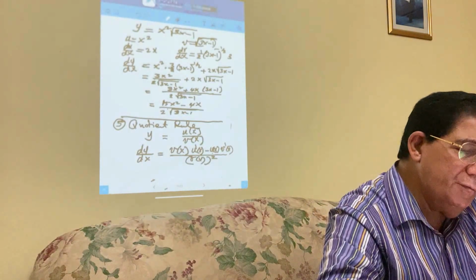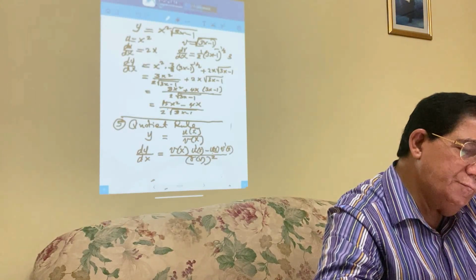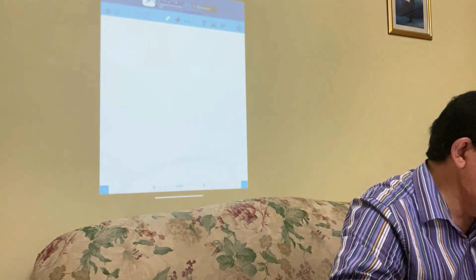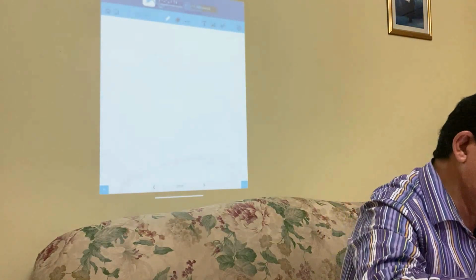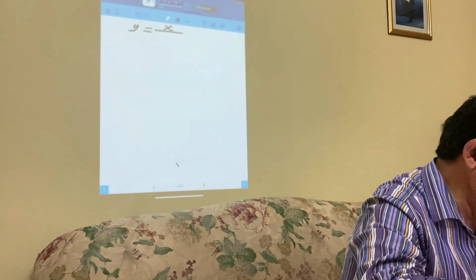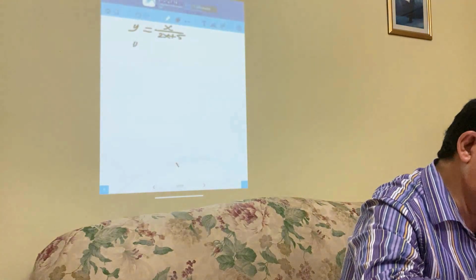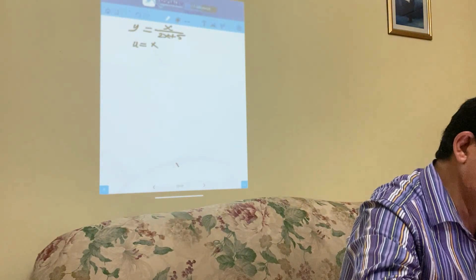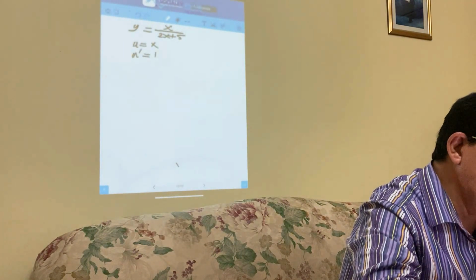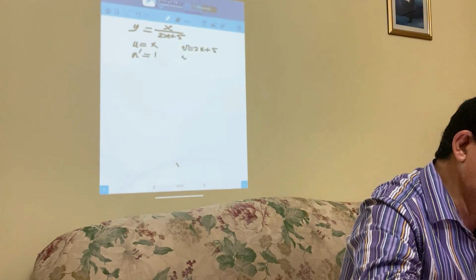Let us take an example on this. Let y equal x over 2x plus 5. Then we have u equal x and u dash equal 1, v equal 2x plus 5 and v dash equal 2.